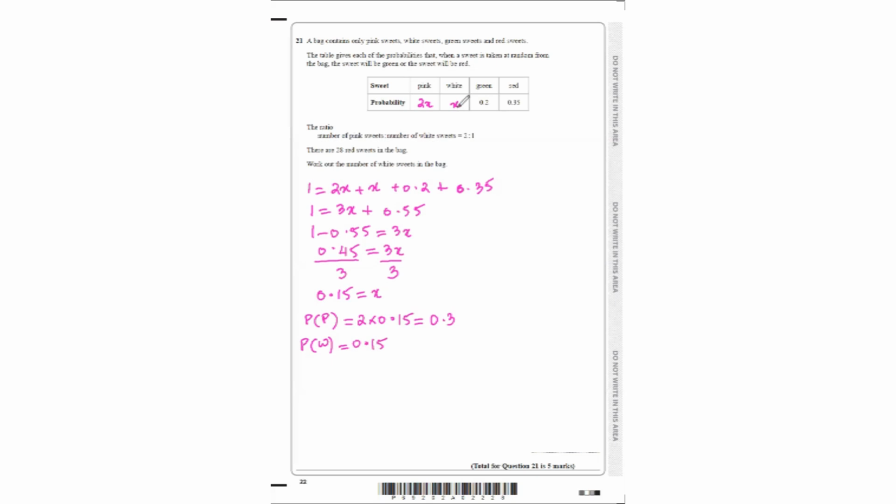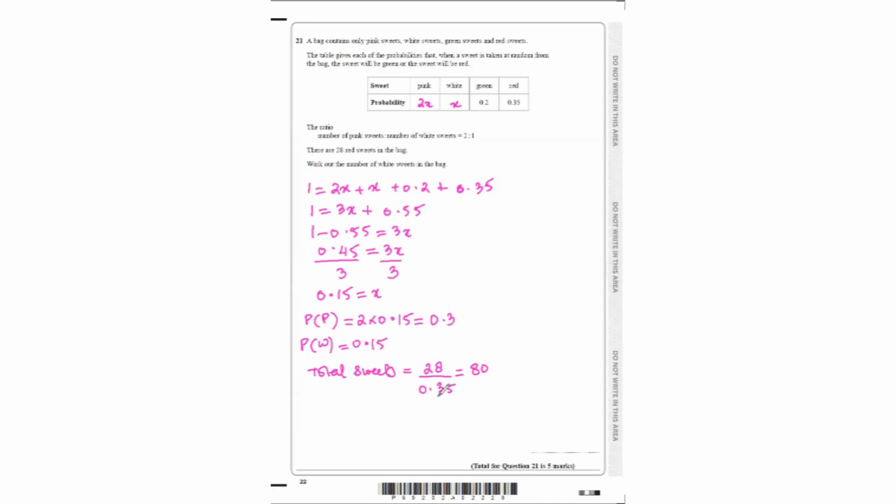The question says there are 28 red sweets in the bag. So if there are 28 red sweets, that means total sweets are going to be 28 divided by 0.35, which is equal to 80.